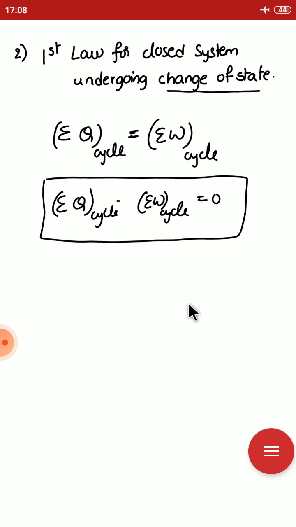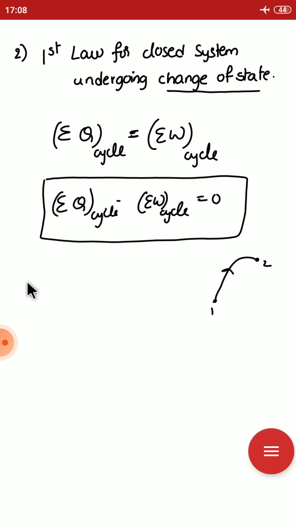Suppose a system undergoes a change of state from state 1 to state 2.